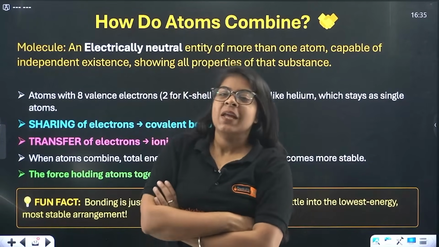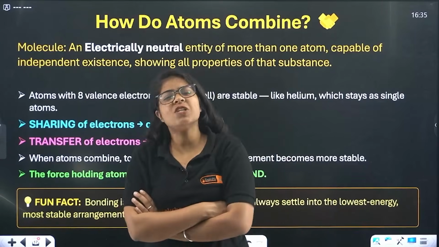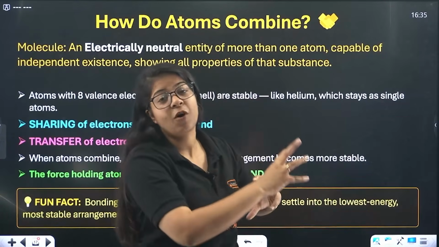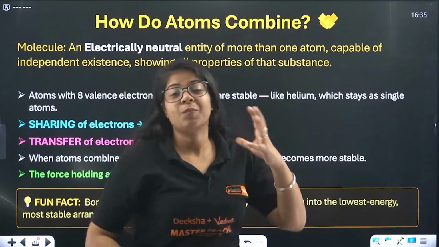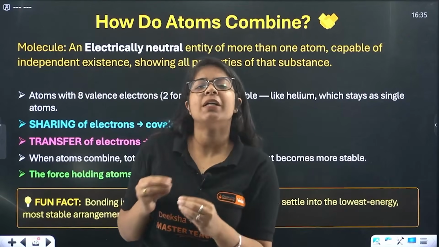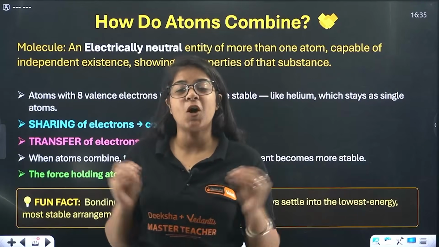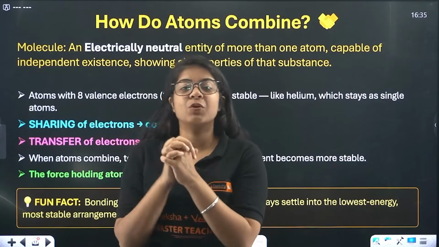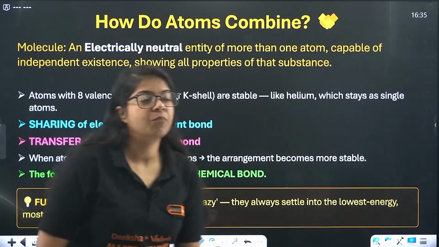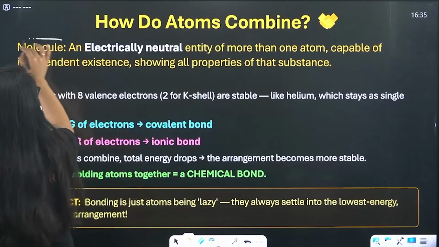So beta, they combined the atoms just like when cells are combined, they form a tissue. When tissues are combined, they form an organ system and all those things. Just like that, beta, when atoms, the fundamental unit of everything around us, come together, they form molecules.